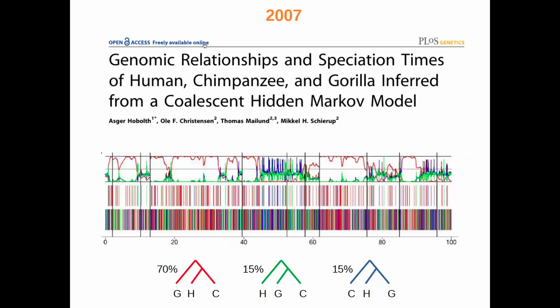In the next slide, this paper appeared 16 years after the previous one. Here the authors focus on the human, chimpanzee, gorilla triplet. They report that even though a majority of the genome supports the classical topology grouping human and chimpanzee, the other 2 topologies also receive substantial support from a fraction of the genome.